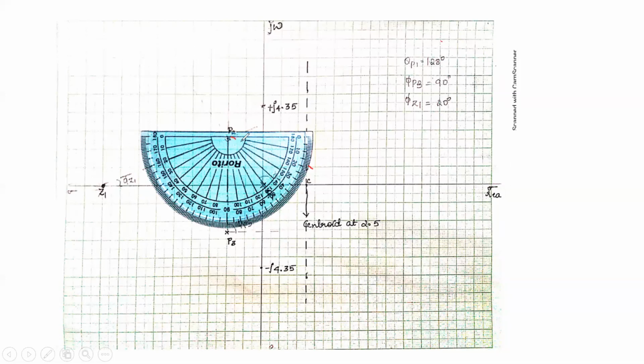So the root locus will come like this, making an angle 18. This is the 0 axis, so from here to here there is an angle of 18. Then it will proceed like this. Here it will come out making plus 18 and proceed like this.